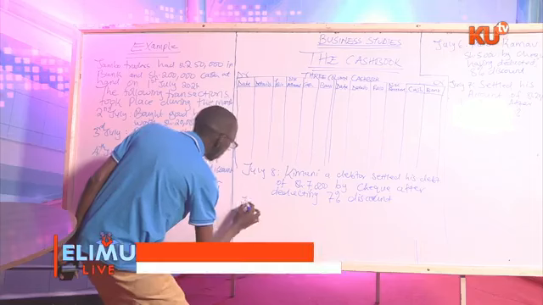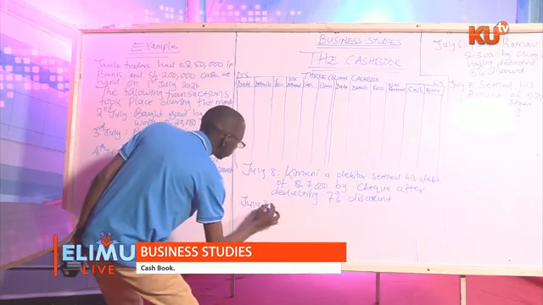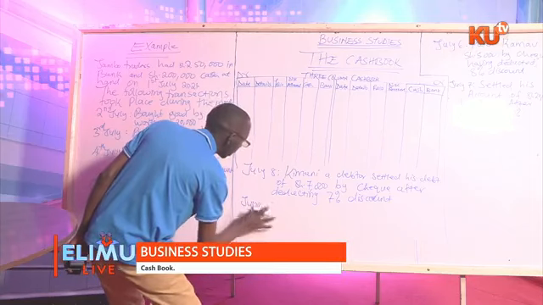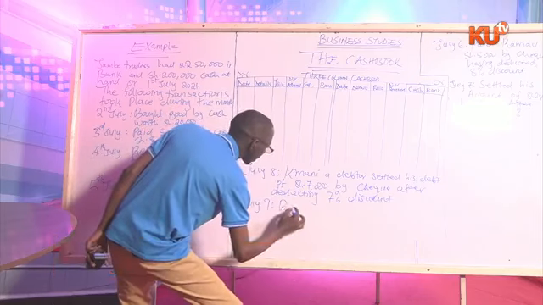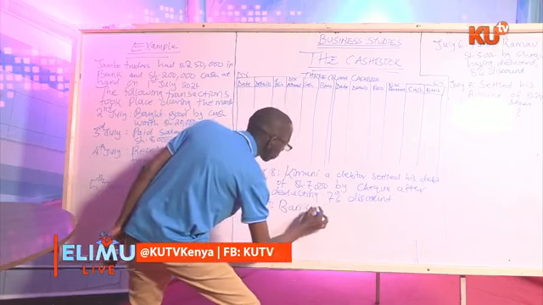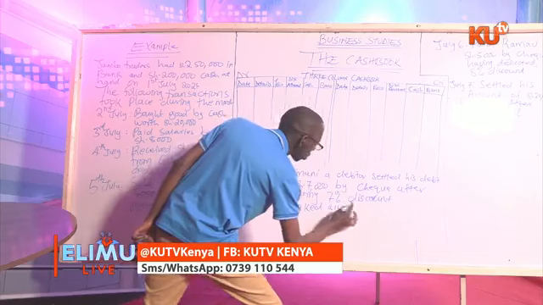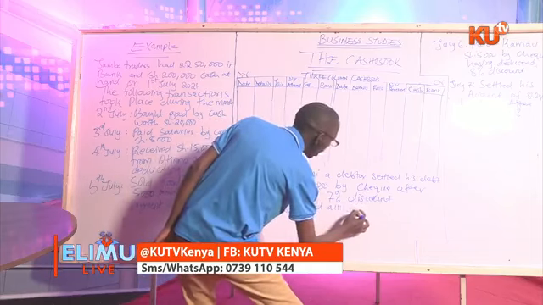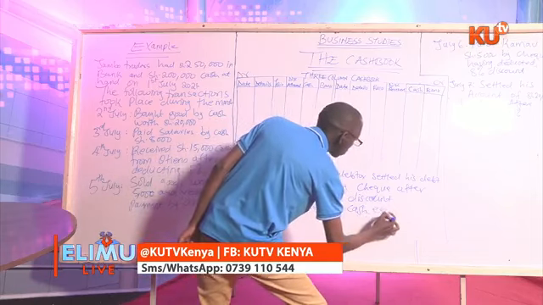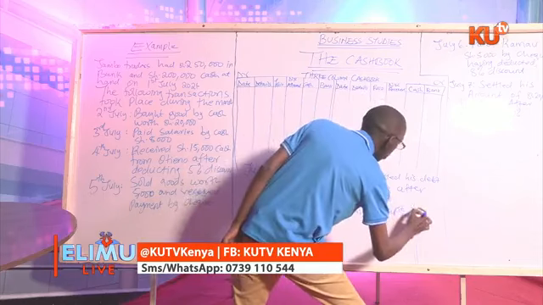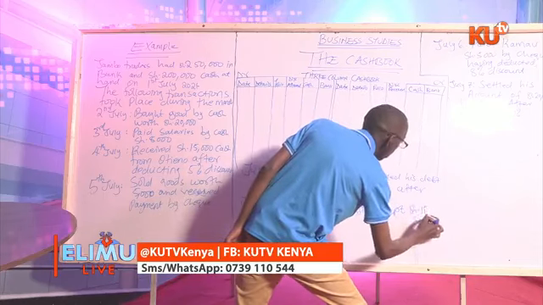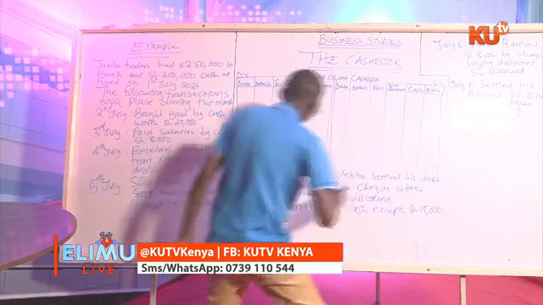Finally, July 9, banked all cash except shillings 15,000.